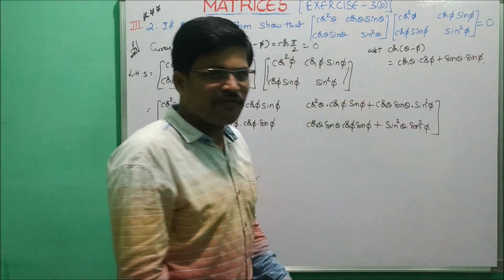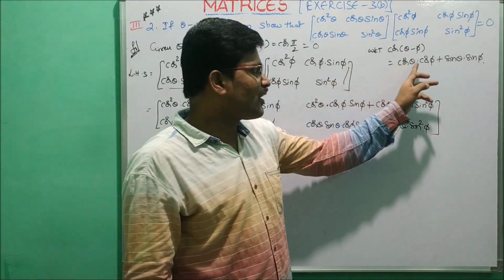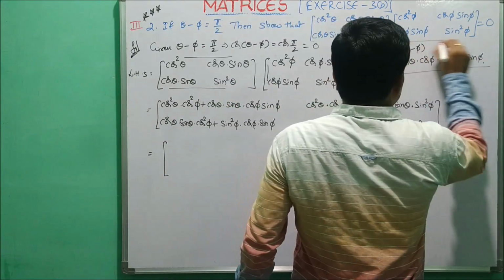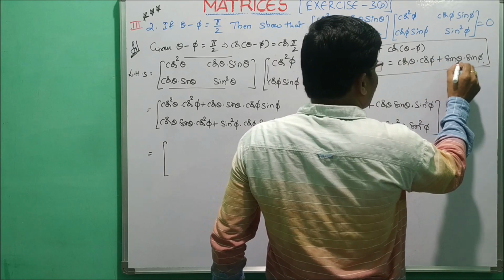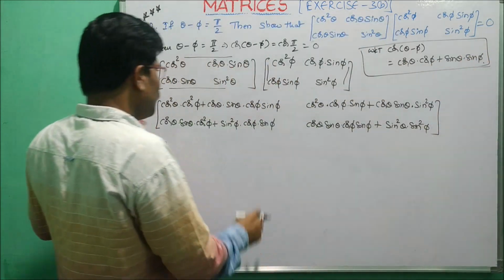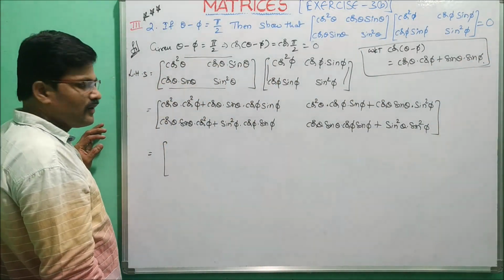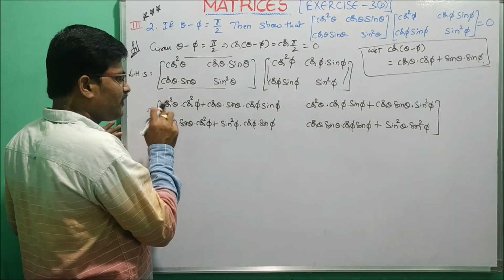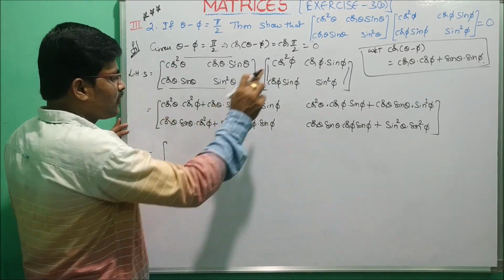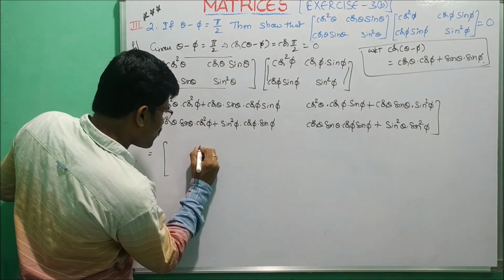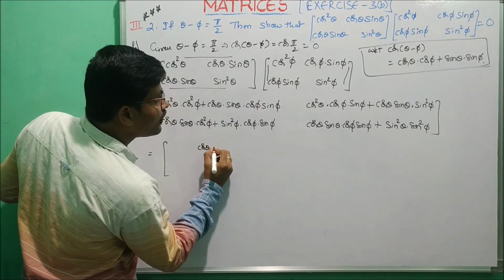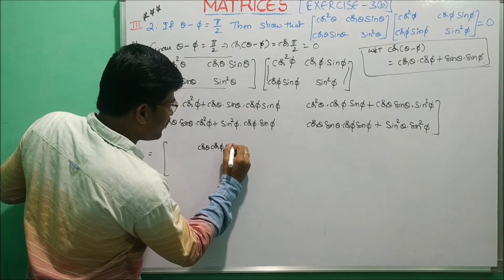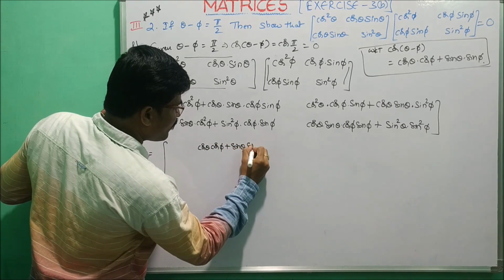So this is the cos of A minus B formula, cos A cos B plus sin A sin B. First of all, we write cos theta cos phi plus sin theta sin phi in those elements, because the term is already contained in that element.